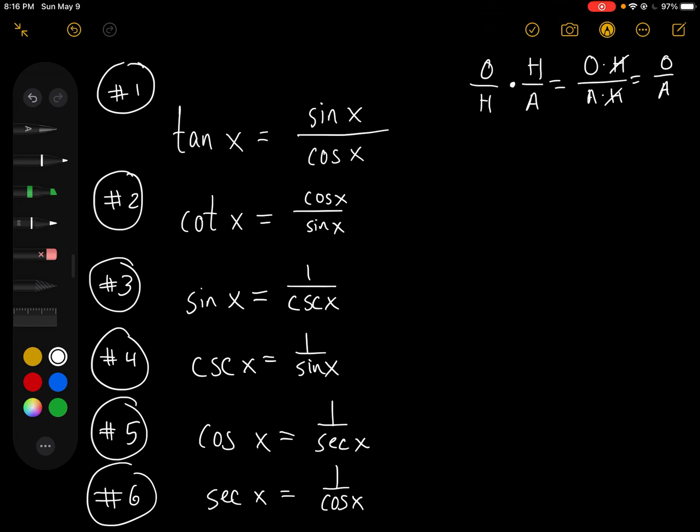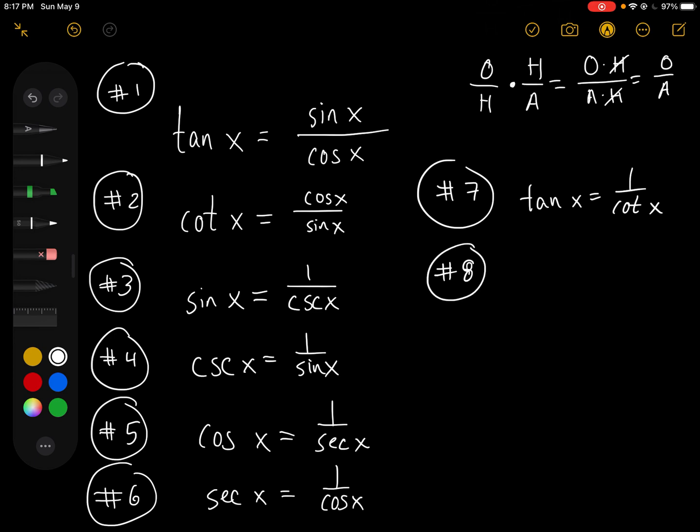And then the last two, tangent, another identity for it is just cotangent flipped. And then cotangent, we see that as tangent flipped. So there are some things that will always be true that you'll always be able to replace as you're going through. So 8 identities of the basics of our trig functions.